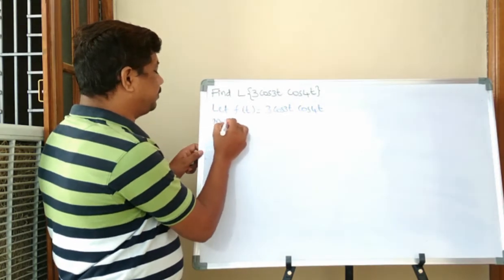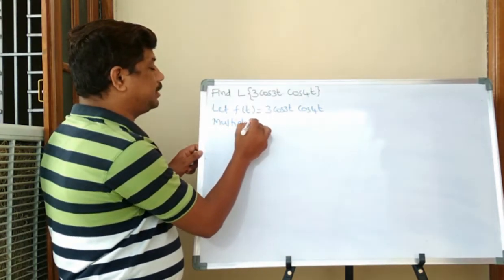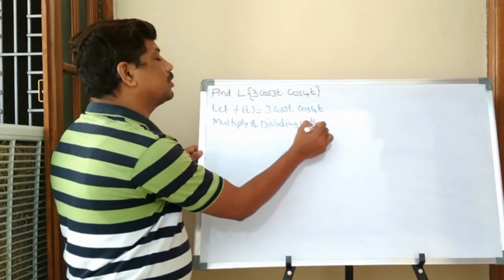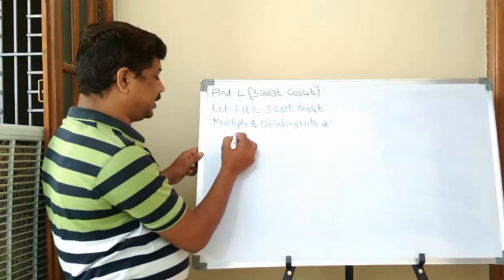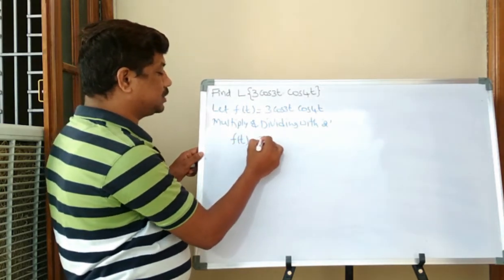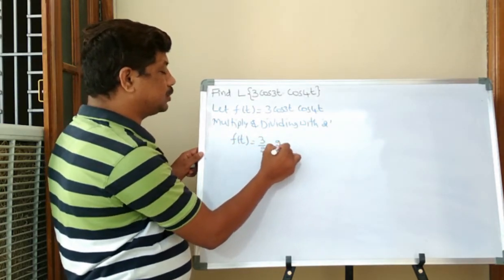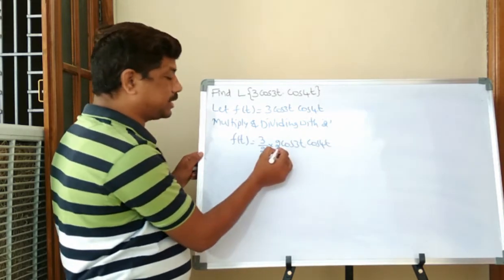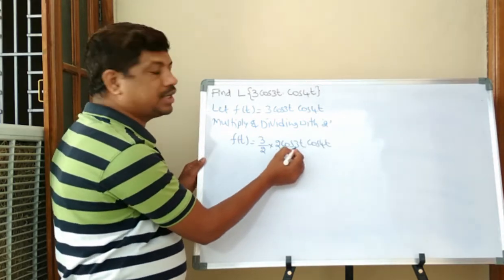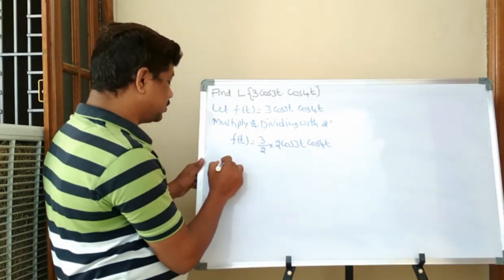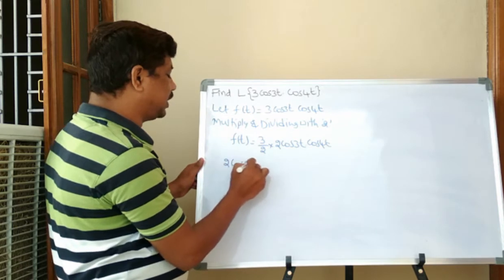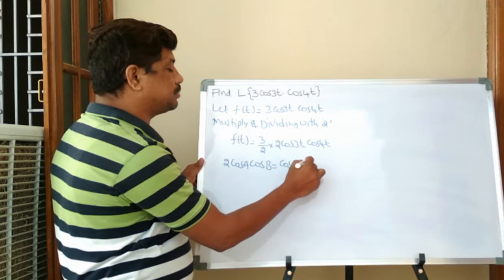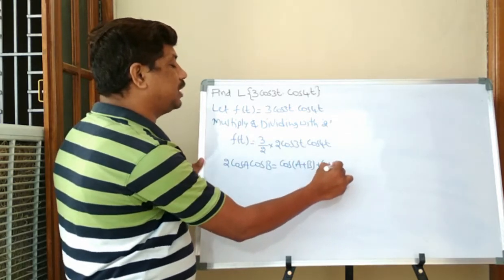So then f of t equals 3 by 2 into 2 cos 3t into cos 4t. Now it looks like 2 cos a cos b, where a equals 3t and b equals 4t. That means I have the formula: 2 cos a cos b equals cos of a plus b plus cos of a minus b.